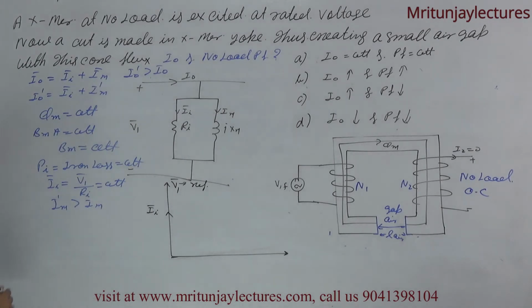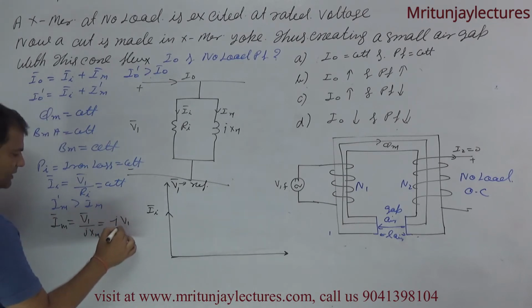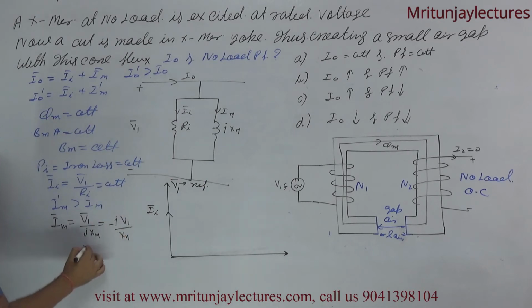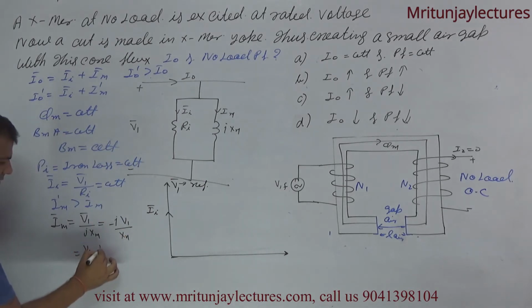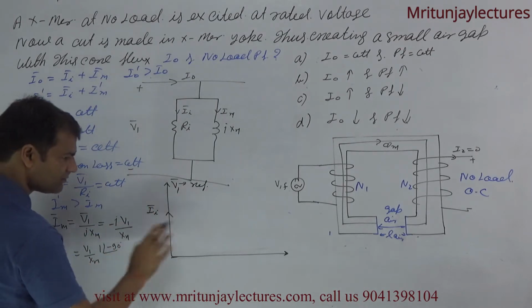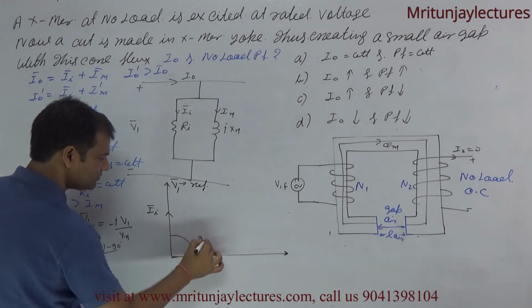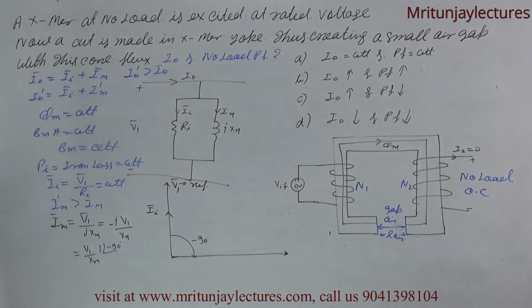And what about Im? Im will equal V1 divided by jXm, multiplied by minus j into V1. You can say that V1 by Xm is written as 1 at the angle minus 90. Minus 90 means rotation like this one.